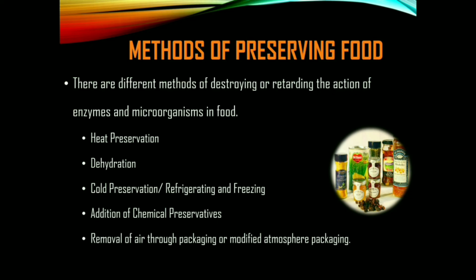Good. We also looked at the removal of air through packaging or modified atmosphere packaging, and this may refer to the packages that are vacuum packed, such as deli meats, such as sausage, ham, some pickled products as well. Lately I've been seeing salt mackerel in vacuum packing. And remember that we have microorganisms that are aerobic and anaerobic. So if we're using the removal of air through vacuum packaging or canning or bottling, it is very important for us to use another method of preservation so that method can be effective.